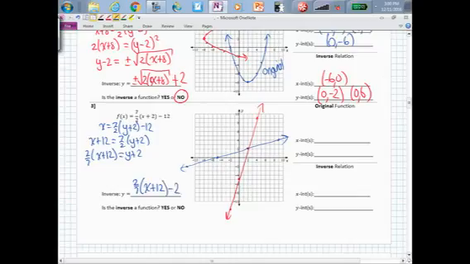Is it a function? Yes, it is. X-intercepts of the original, we'll figure that out in a minute. Y-intercept is 0, -5. X-intercepts, we have to set this equal to 0. So it becomes 7/2 x plus 2 equals 12. X plus 2 equals 24/7.